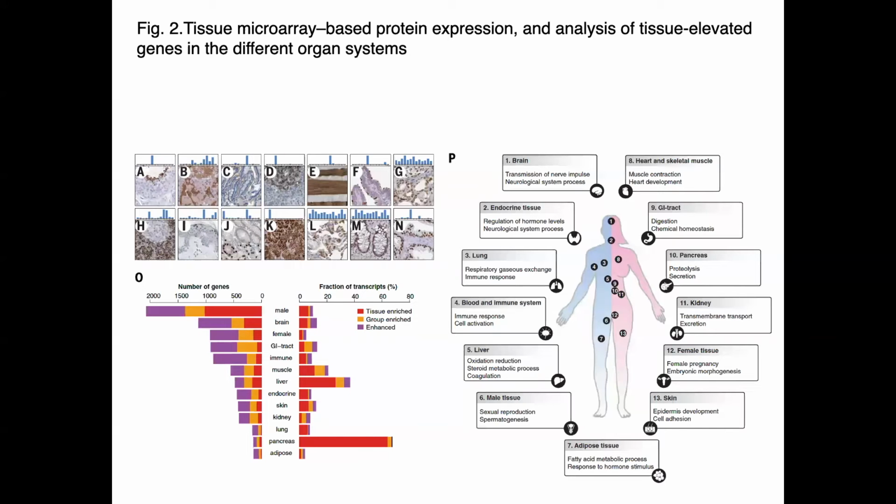Okay, here comes figure 2. In figure 2, from A to N, they show the tissue expression and the localization for a selection of human proteins. So this is at the protein level. On the top, these blue bars, the columns shown here, are the mRNA levels of this gene in different tissues.